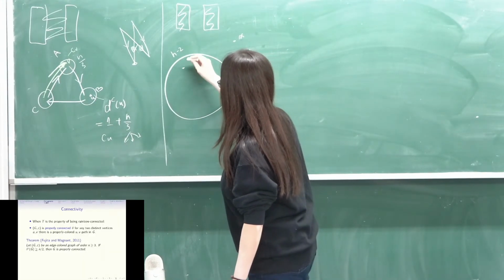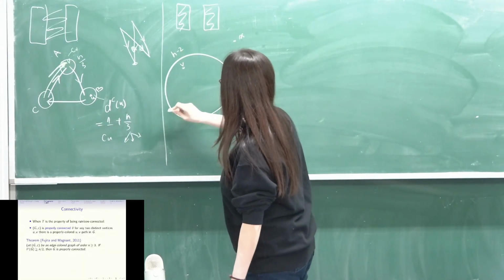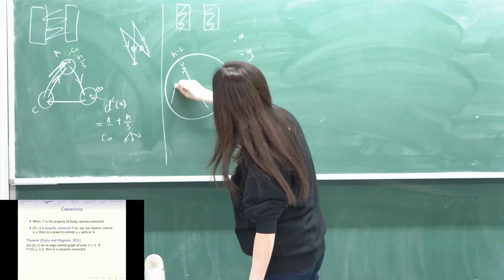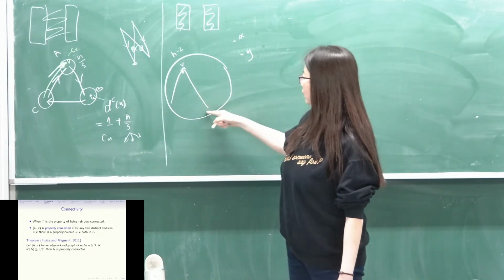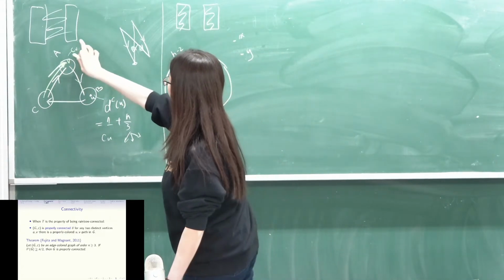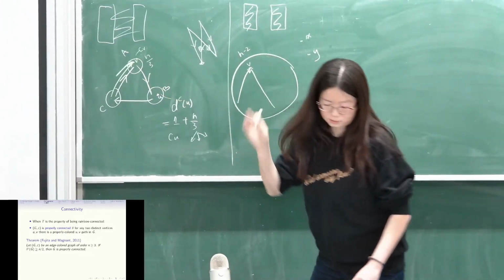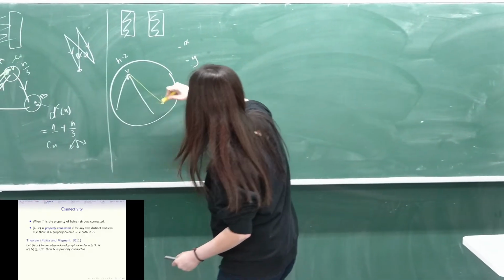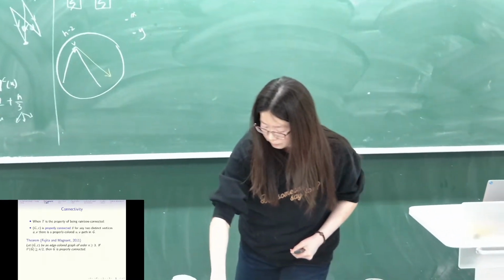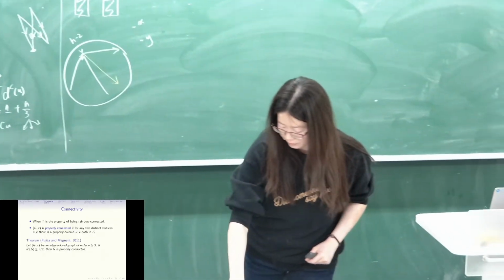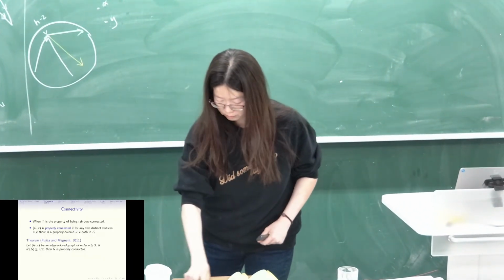If this is vertex V, a regular tournament means that half of the remaining vertices are pointing to V, and half of the edges are pointing out.